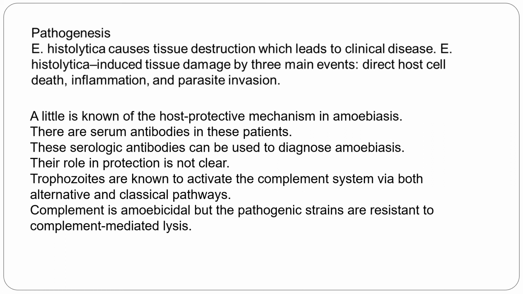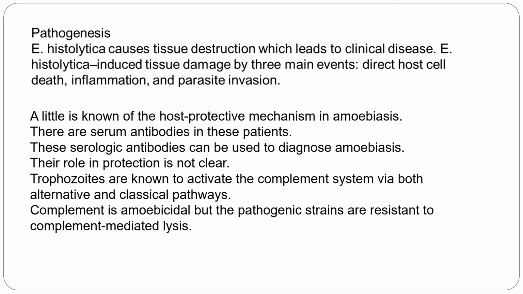Now you see the pathogenesis. Entamoeba histolytica causes tissue destruction which leads to clinical disease. It causes tissue damage by three main events: direct host cell death, inflammation, and parasite invasion.